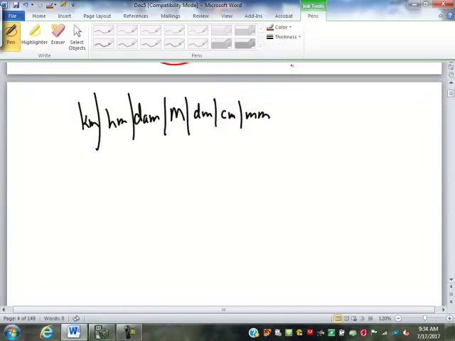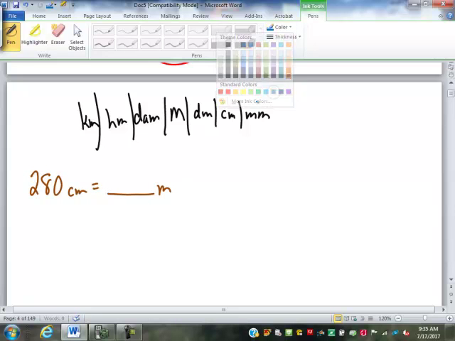When we converted 280 centimeters into meters, we said we're moving 2 spots to the left on the chart. So the decimal point had to go 2 spots to the left. It's 2.8 meters, right? And the reason that worked was there were 10 centimeters in a decimeter, so we had to divide by 10 to go back. 10 decimeters in a meter, so we had to divide by 10 to go back.